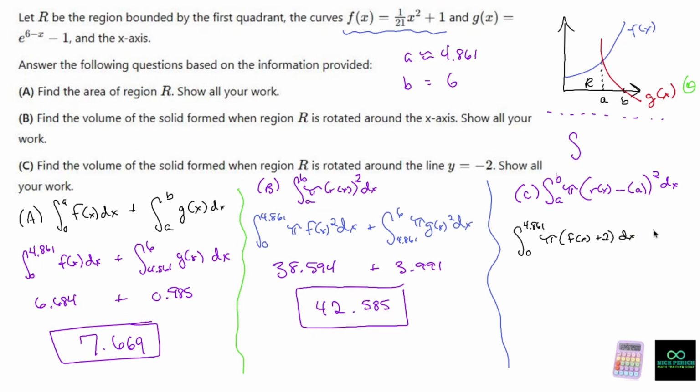Okay, and I'm going to add that to the integral from 4.861 to 6 of pi g of x minus -2 or plus 2 dx. Squared, squared. You can't forget to square those parentheses. That changes everything. Okay, so let's run to our calculator, see what happens.